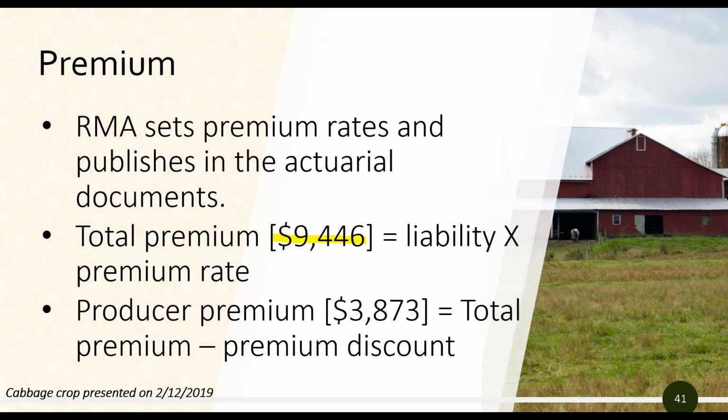Now, the good news is you're going to pay the producer premium, because that's the whole point of the premium discount that Risk Management Agency offers. So if I take the total premium, which was $9,446, and multiply that times the 59% premium discount, I get the $3,873.